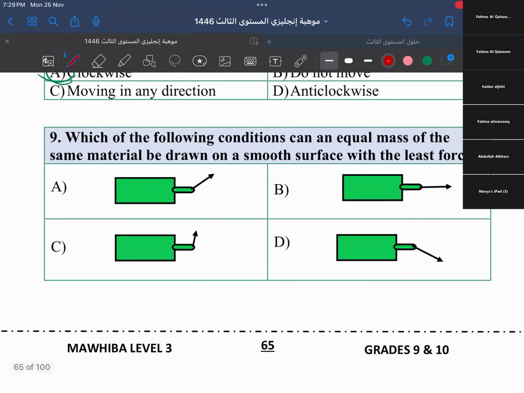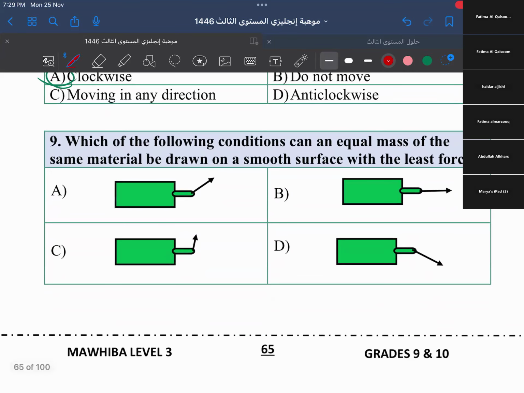Yalla, the last question and we're done for the day. So who can read the question? Yes, Fatima. Which of the following conditions can an equal mass of the same material be drawn on a smooth surface with the least force?